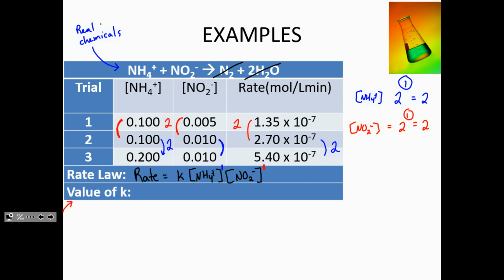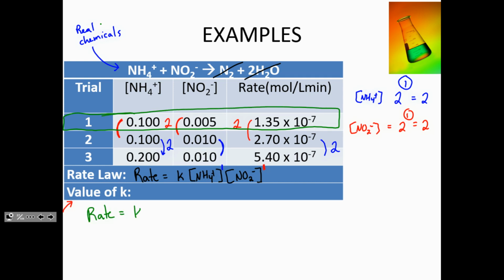And to do that, we pick a trial, and we're going to plug in all the values. So I'm going to pick trial 1. Here's my rate law, NH4+ times NO2-. And I'm going to plug in the values.